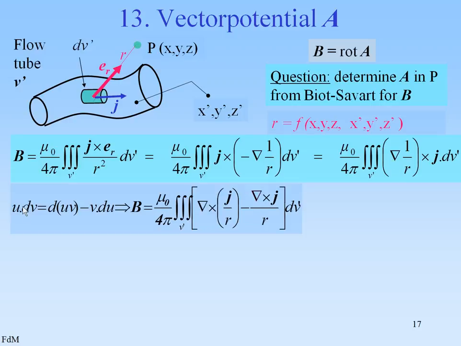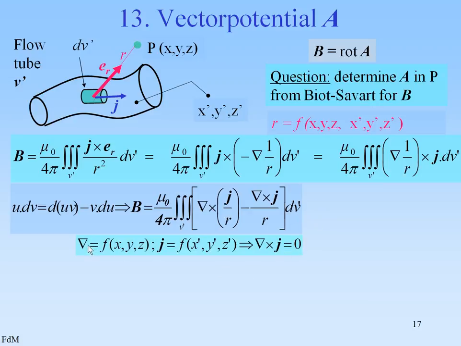Now we use the chain rule: u dv is equal to d of uv minus v du. This means that B can be written as mu naught over 4 pi times the volume integral, and now we have this part here, and that is the rotation of J over R minus the rotation of J over R, dV prime.